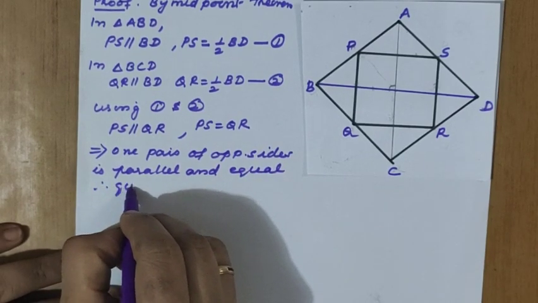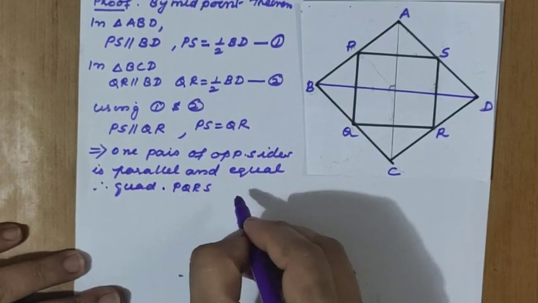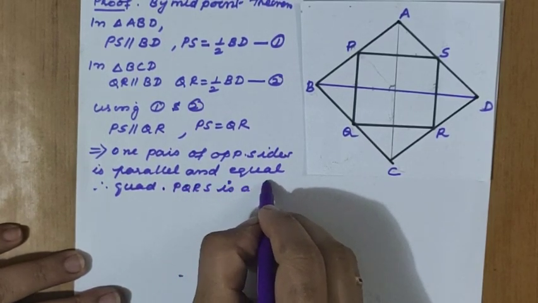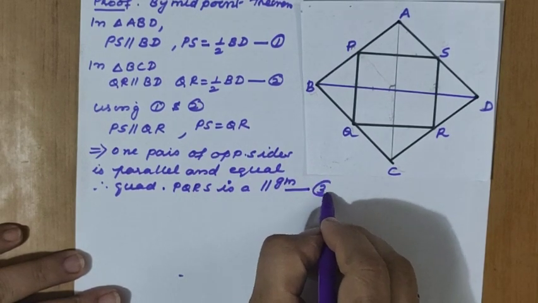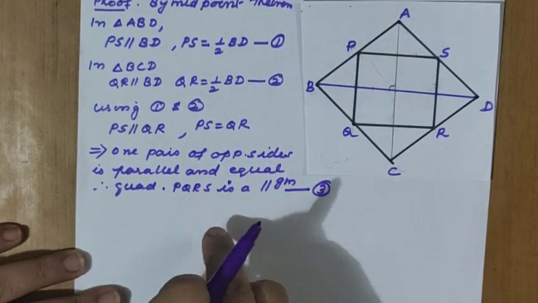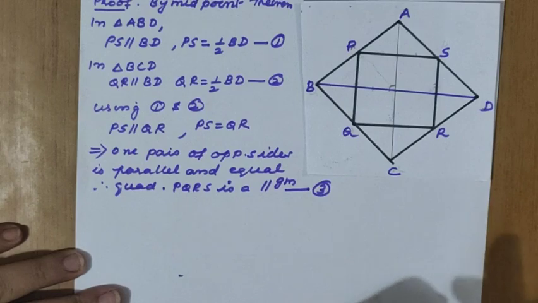Therefore, quadrilateral PQRS is a parallelogram. Equation number 3. Now we have proved the first part, that it is a parallelogram. Now what is the second part? We have to prove that one angle is 90 degrees.